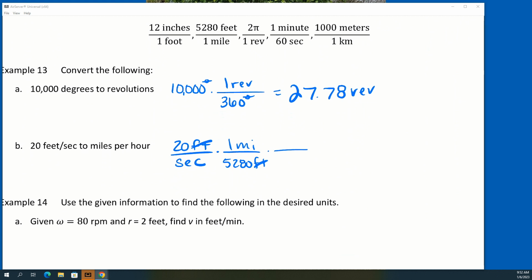On the top. All right, so if the seconds are on the bottom and I want to cancel them, I have to put them on the top. So now I have miles per minute, but I want miles per hour. So I'm going to cancel minutes. Where would I put the minutes? On the top.